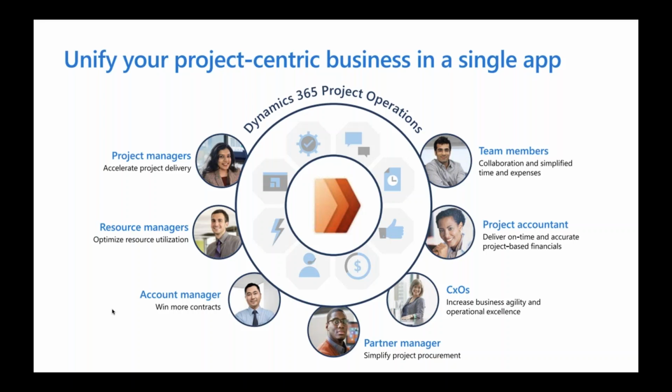In Project Operations, the resource manager receives booking requests, so requests for resources, chooses based on the available resources that they have who should be allowed to fulfill the booking request. This allows the resource manager to have a more clear picture against their utilization of the resources of the team members and to make better choices.